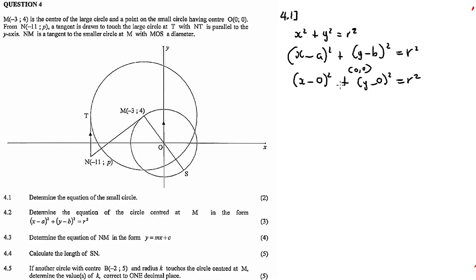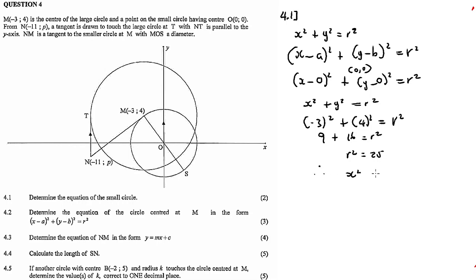So x minus 0 is x, y minus 0 is y, so it's x squared plus y squared equals r squared. So you can just use this formula and substitute accordingly. Now I have the point: x is minus 3, squared, and y is 4, squared, giving 9 plus 16, so r squared is equal to 25.